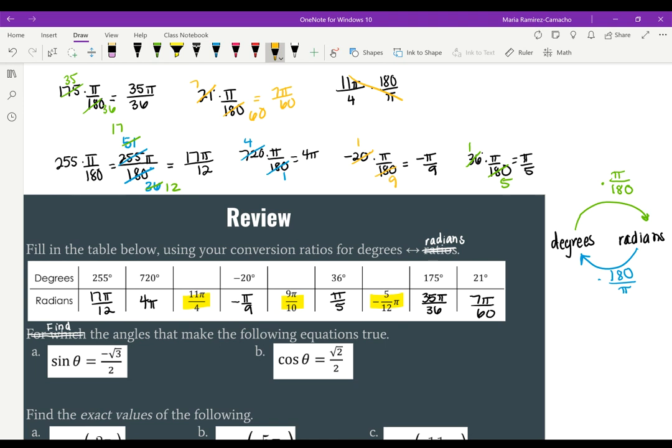Pi divided by pi is 1. Okay, 4 and 180 are both divisible by 4. 4 goes into 4 one time. 4 goes into 180 45 times. So this is now just 11 times 45, which is 495. 495 degrees.